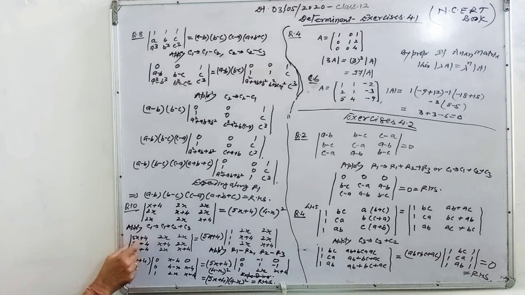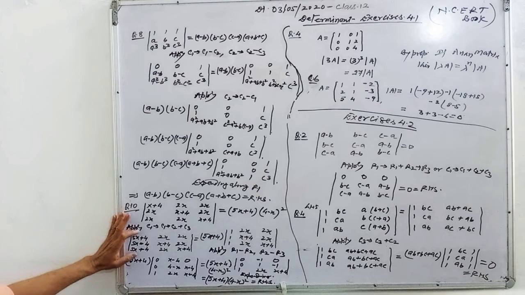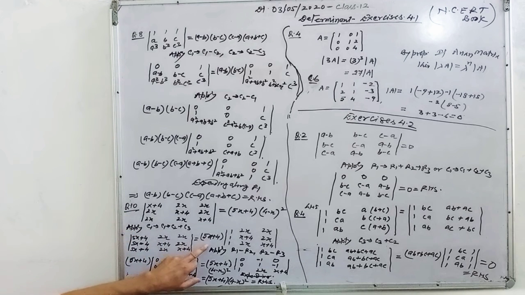So C1 becomes 5x plus 4, 5x plus 4, 5x plus 4. Same element, same number. Then 5x plus 4 you can take common from C1. After taking common you will have the remaining part 1, 1, 1, and C2 and C3 will be the same.